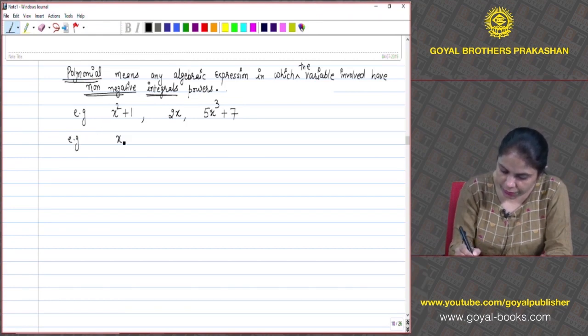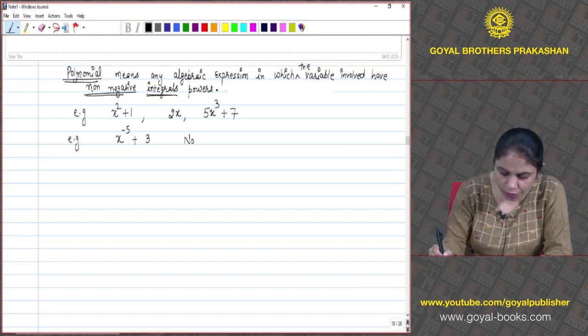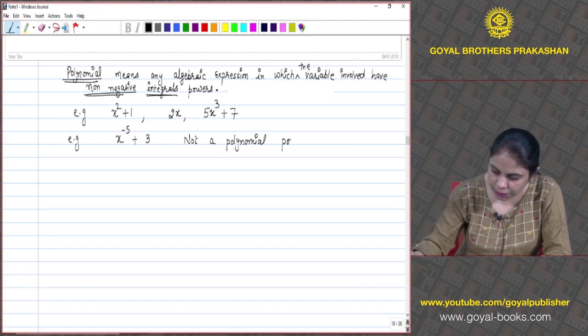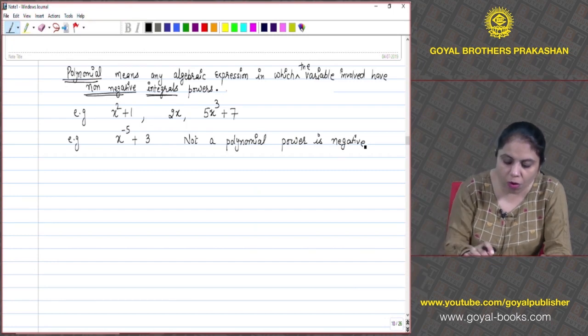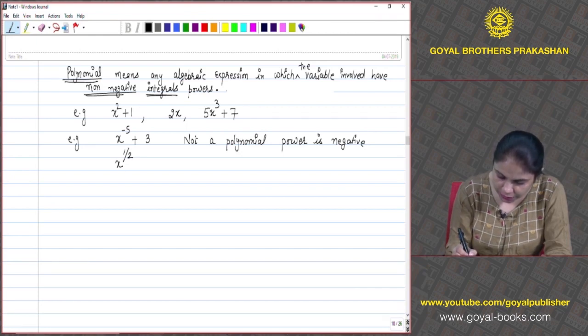Now x to the power minus 5 plus 3, this is not a polynomial. Why? Because power is negative. Power is what? Negative, and we have to consider non-negative power. Clear? Next, x raised to the power 1 by 2 plus 7.